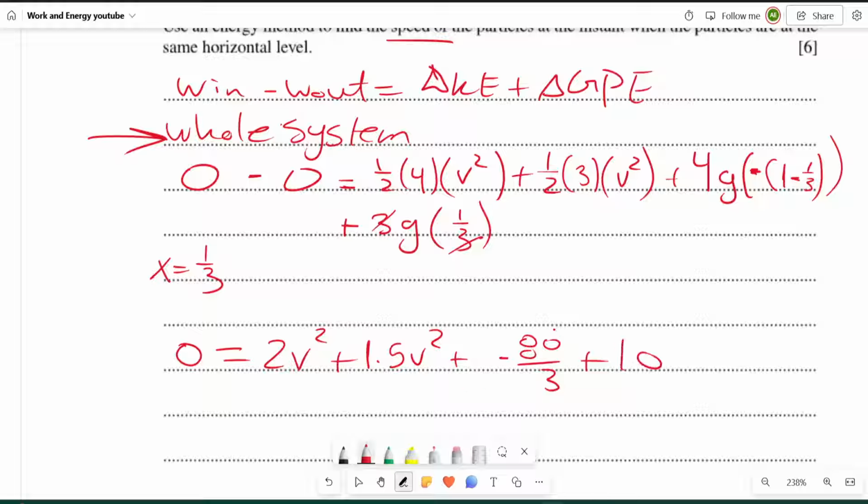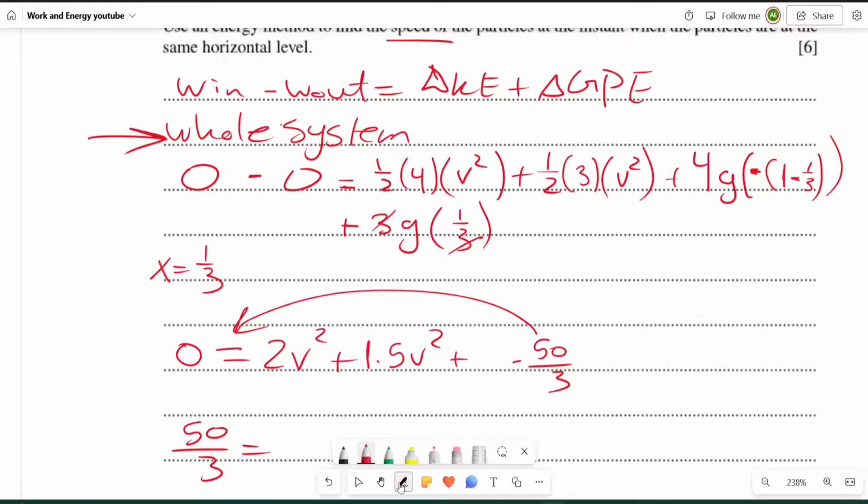So minus 80 over 3 plus 10 is equal to minus 50 over 3. So we can just write minus 50 over 3 here. We move this to the other side. So 50 over 3 equals 2 plus 1.5, which is 3.5v squared.